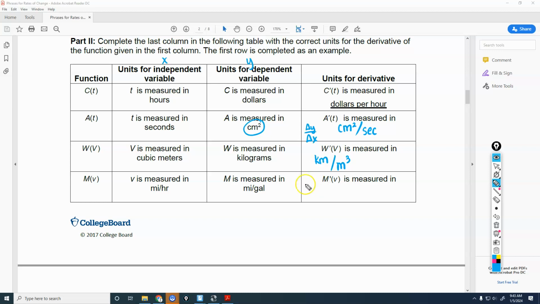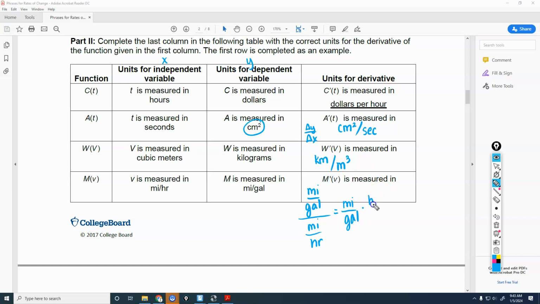Okay. That is correct. However, it is not how you would report it. Miles per gallon divided by miles per hour: dividing fractions is easy as pie.